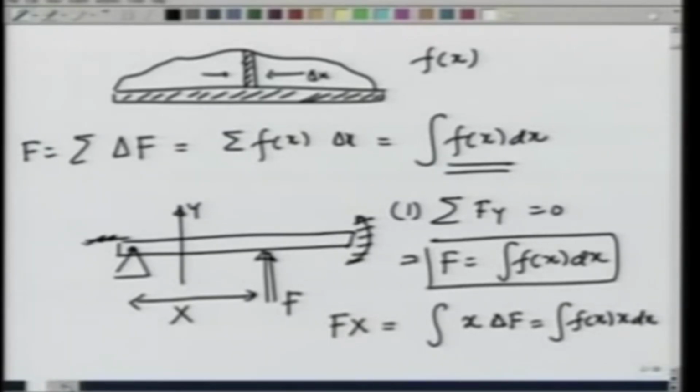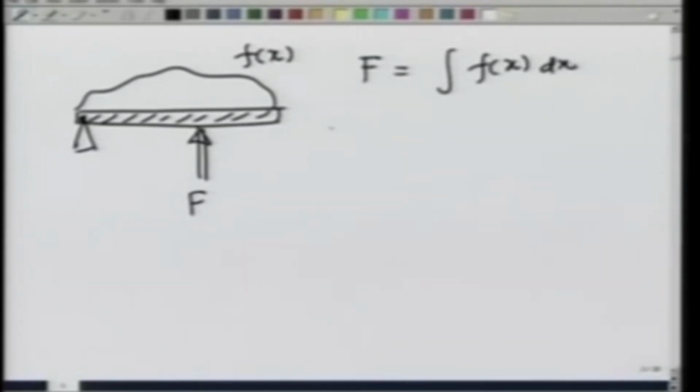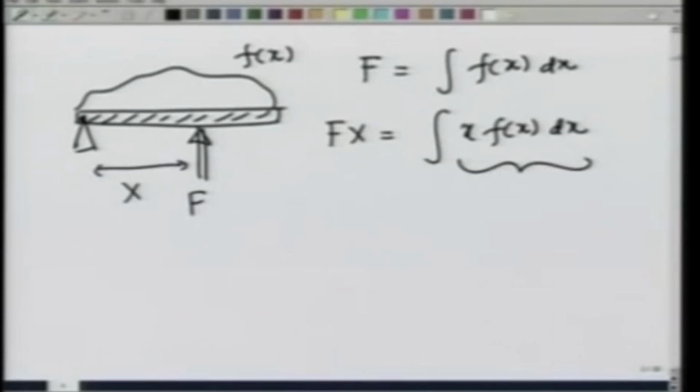So, on this beam, if there is a force distribution f x, then I have the net force F that I am supposed to apply, about this pin joint, to equilibrate the beam, which is going to be integration f x dx, and I should have F times x, where x is the distance at which the force is being applied, equal to integration x f x dx, which is nothing but the moment generated by the force distribution f x.